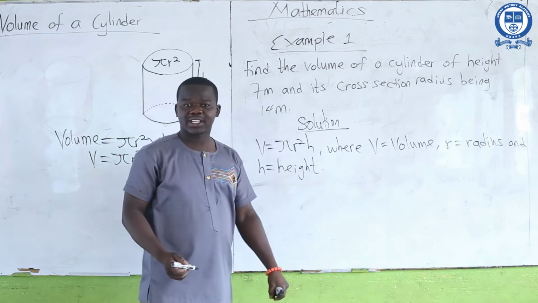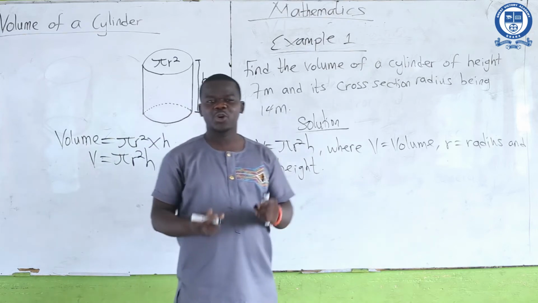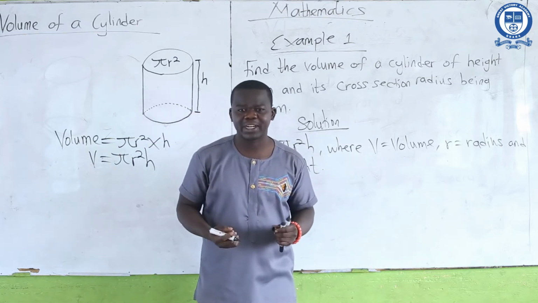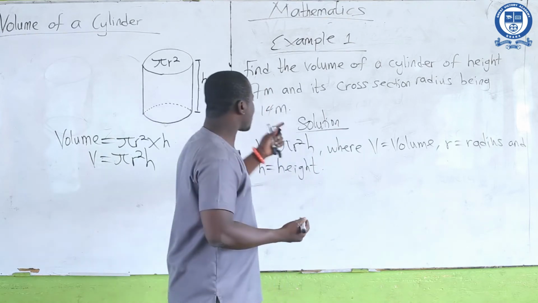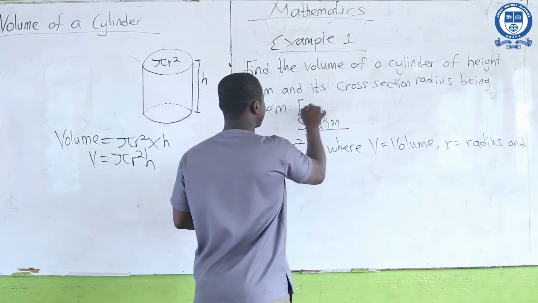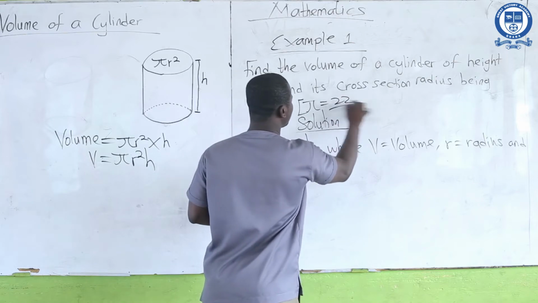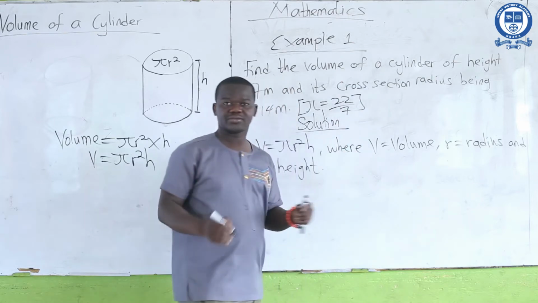Pi is a natural constant, and mostly in your examinations, you're always given that number. So in this question, we are going to consider pi to be equal to 22 over 7.